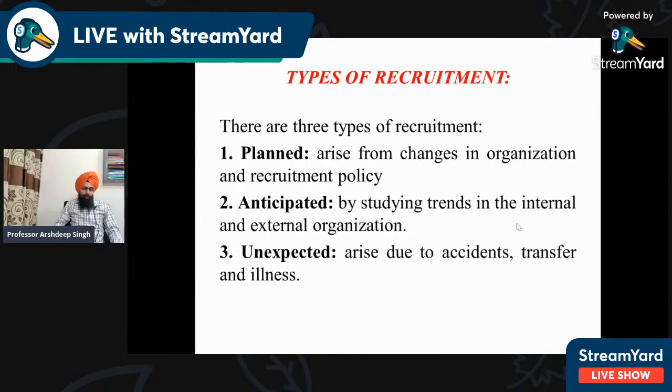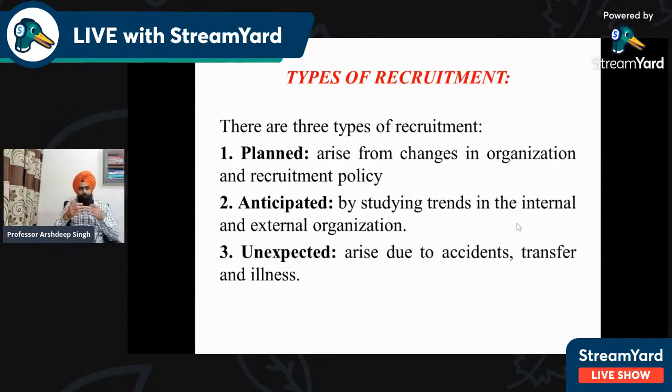Okay, so planned means, for example, if we are running an organization, at certain times some of the employees leave our organization due to any of the reasons, either personal or professional, or they are shifting from one place to another, or the reason might be any. Or sometimes we are starting new courses, or launching new branches in our organization, so that thing is planned.